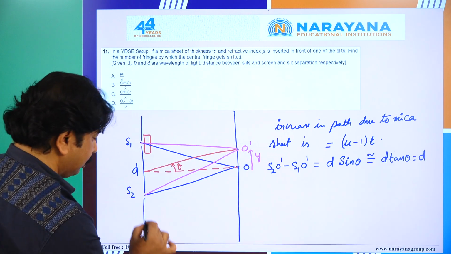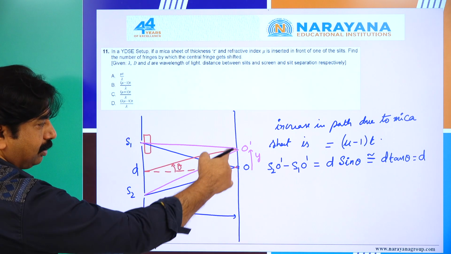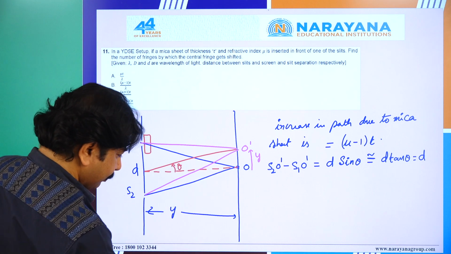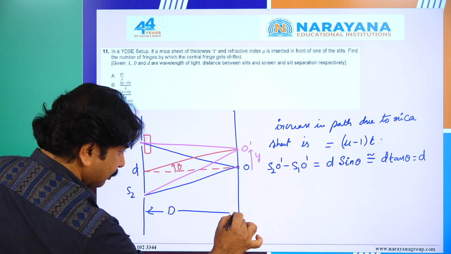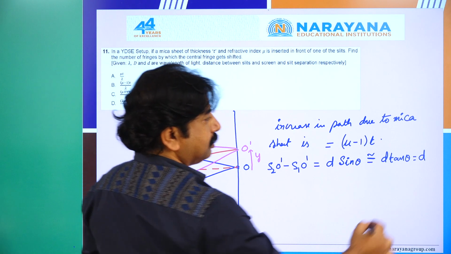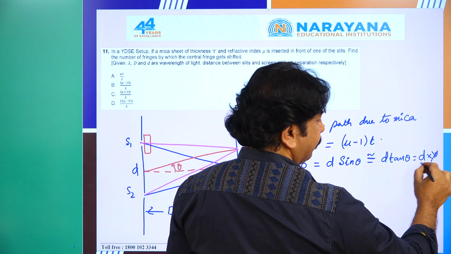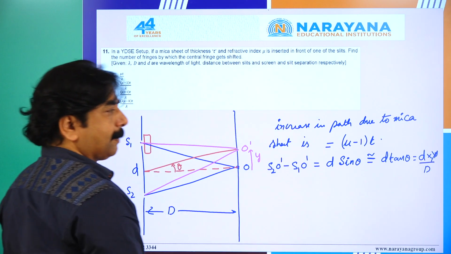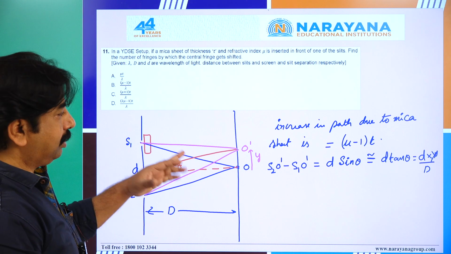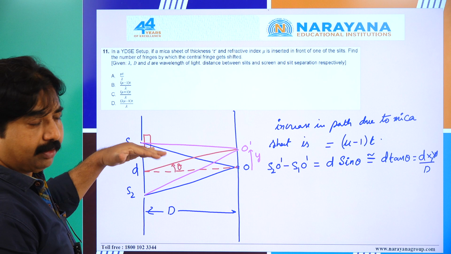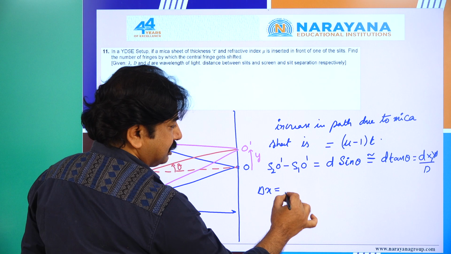Tan theta is equal to y by capital D. So this is nothing but d into y by capital D. Here geometrically it is dominating, optically it is dominating. Now the net path difference delta x should be 0.